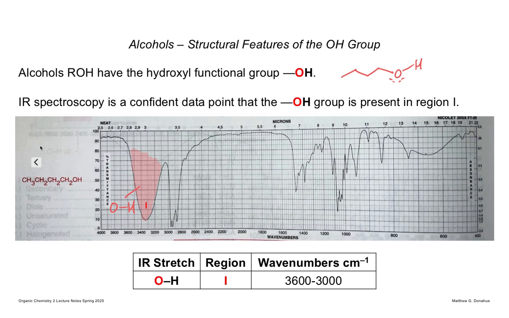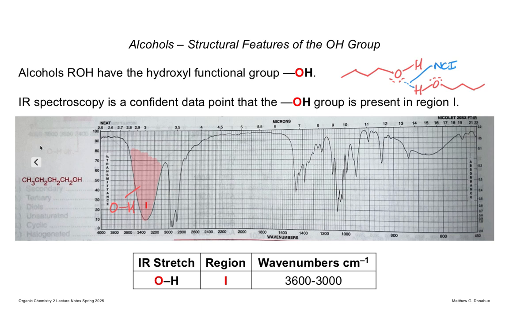The reason it's broad is because of this blue interaction, that's the non-covalent interaction, the hydrogen bonding. So you have the OH sigma bond itself stretching. Then you have this hydrogen bond that's sort of pulling the hydrogen in another direction. And what would normally be a nice sharp peak, it's then broadening it.